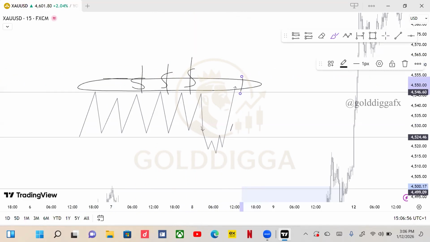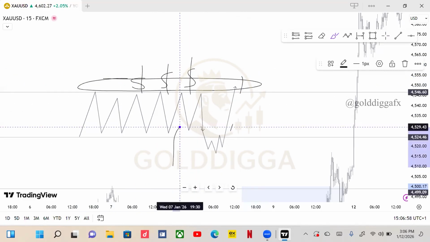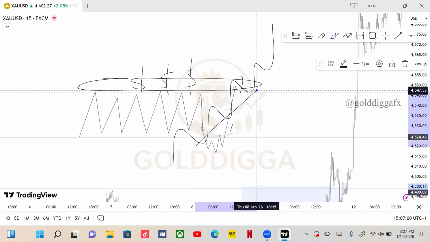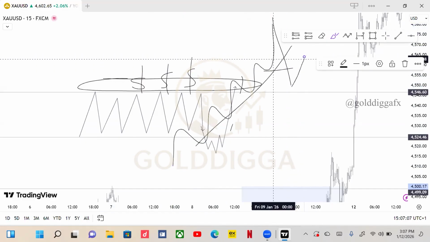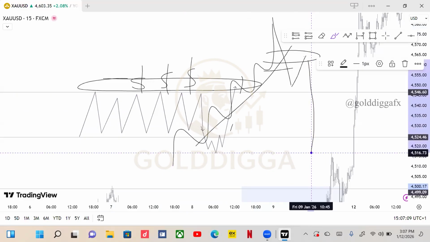You want to buy. Same with the trend line liquidity, when you want to take out all of this, or compression liquidity, whatever. Once price breaks here, you know, okay, I'm buying here, target here.